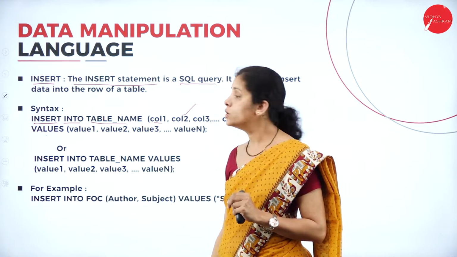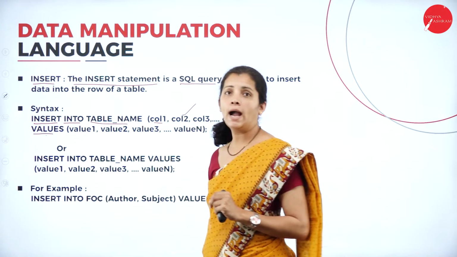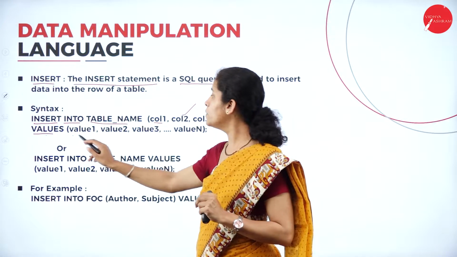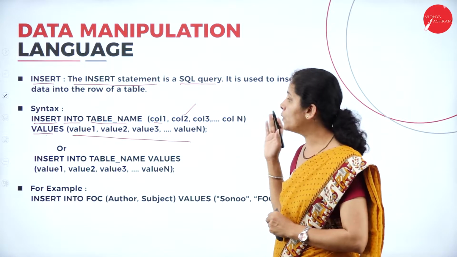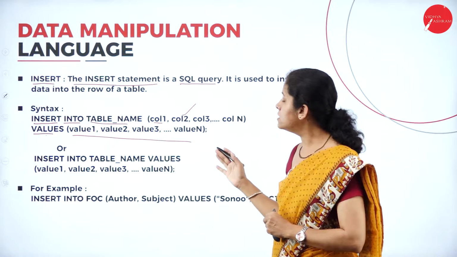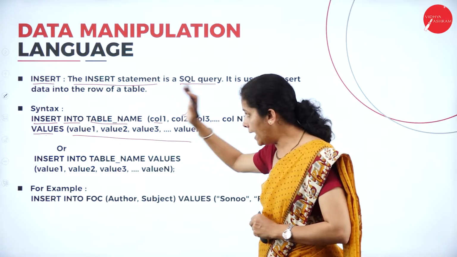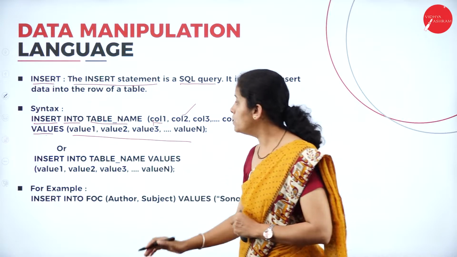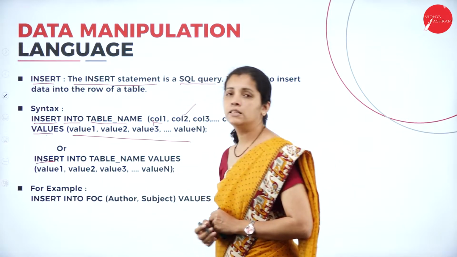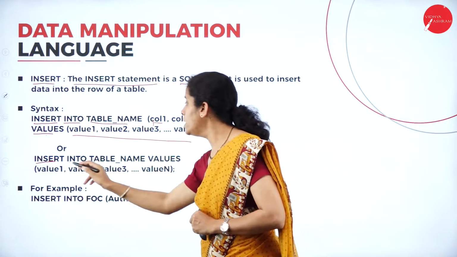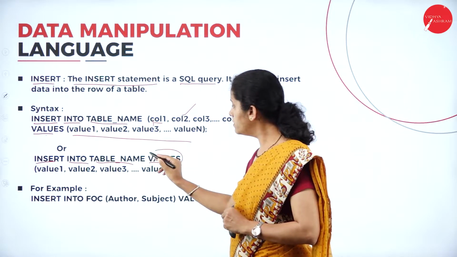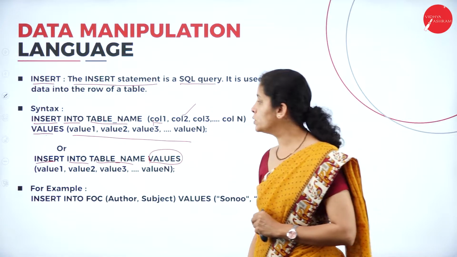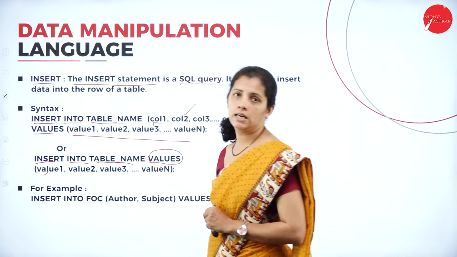So I'm going to use the word values and I'm going to specify the values, that is value 1, value 2, value 3 up to value n. So this is the one way. And another way I am able to use the insert command is insert into table name, and I want to use the word values and I'm going to insert the values directly.